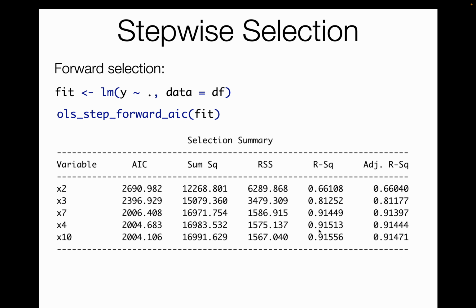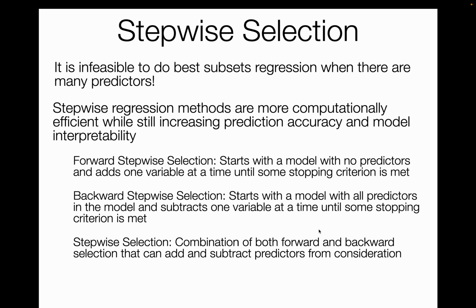Okay. If you read the descriptions here, forward starts with a model with no predictors, that null model, and then adds a variable one at a time until some stopping criterion is met. Basically, whatever criterion you use, AIC, BIC, there are different p-value approaches, you stop when you don't see a significant decrease in AIC or increase in R squared.